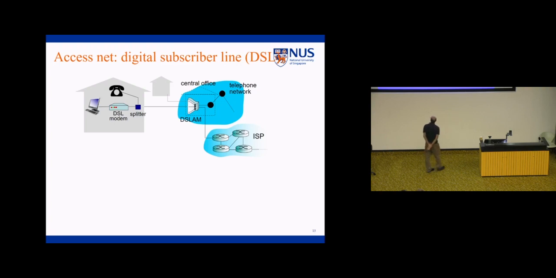And in DSL, the main technology is that, this is the telephone cable coming to your home, right? Earlier, this was just used for the telephone. Now, we have a modem. What this basically does is, if you look at human voice, we can hear up to 20 kilohertz, but voice is much lower.